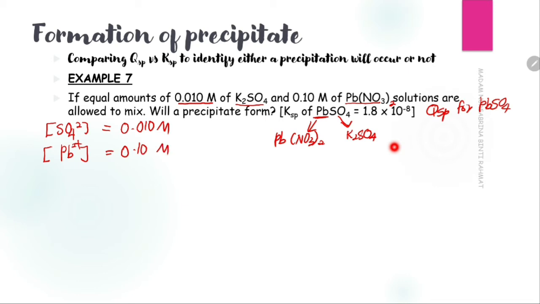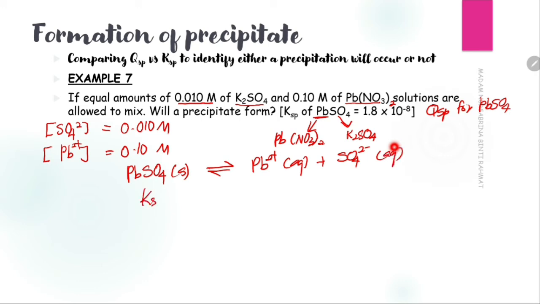So let's first write down the formation of lead sulfate, PbSO4 solid, in a reversible reaction, which produces 1 mole of lead ion plus sulfate ion. For the KSP expression, since we are calculating the reaction quotient, we use QSP, which equals the concentration of Pb2+ times SO4 2-.